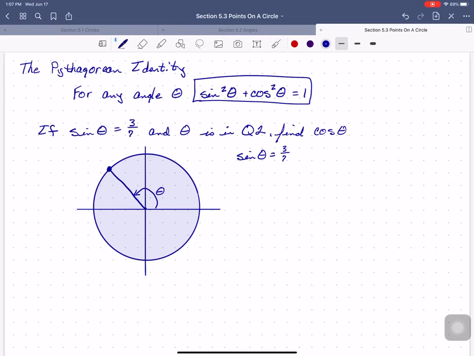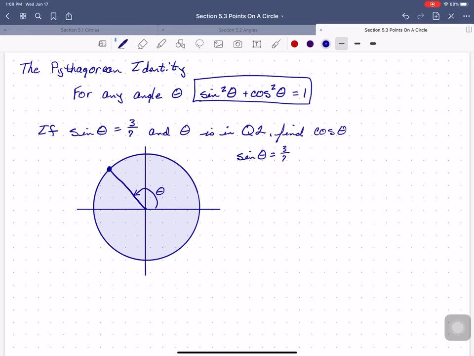Now we could go through some machinations with radius and hypotenuse and try to do this using the Pythagorean theorem as it relates to right triangles, but we've got this Pythagorean identity.